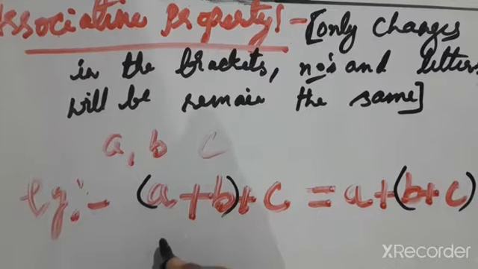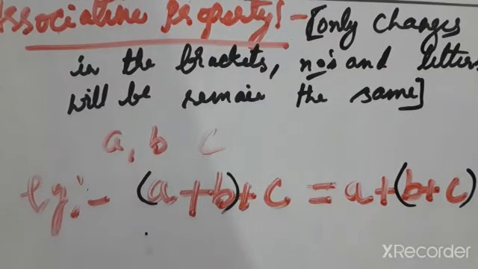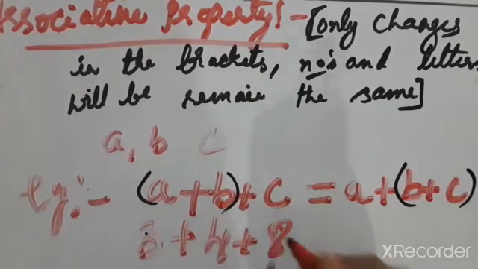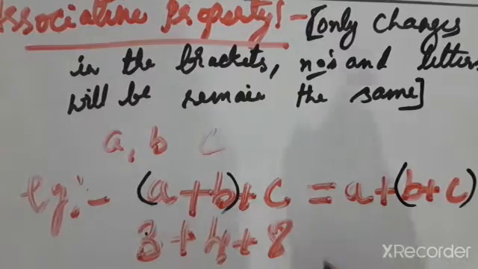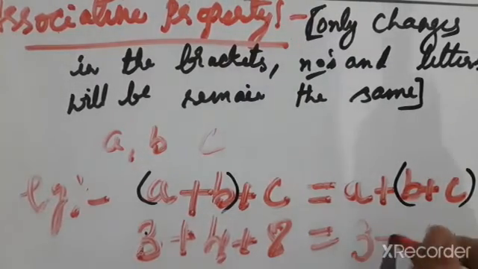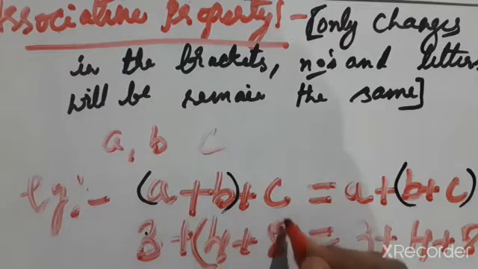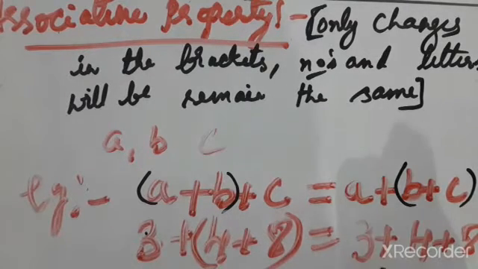Now one more example. 3 plus 4 plus 8 equals, what do we write on the right side? The same numbers, 3 plus 4 plus 8. If I put the bracket on the second and third numbers, then where do we put the bracket on the other side? On the first and second.